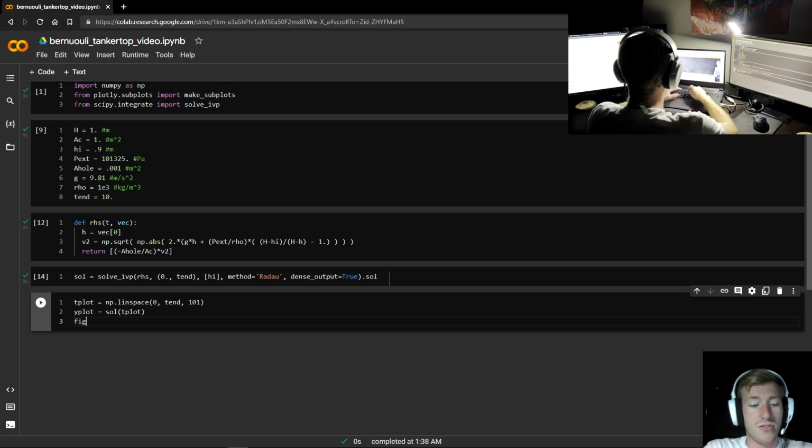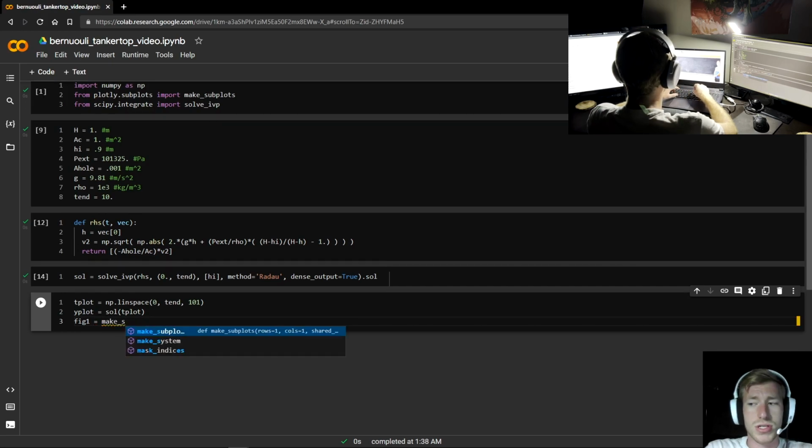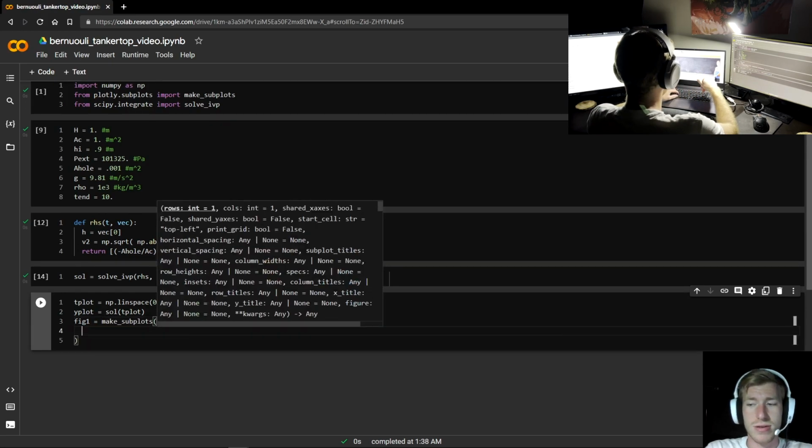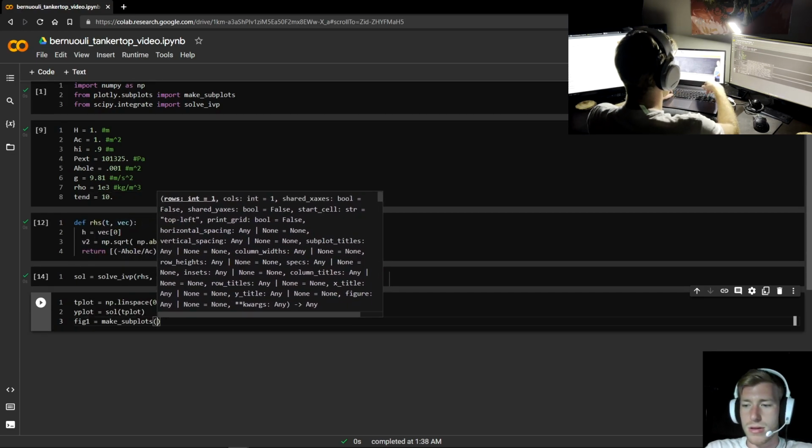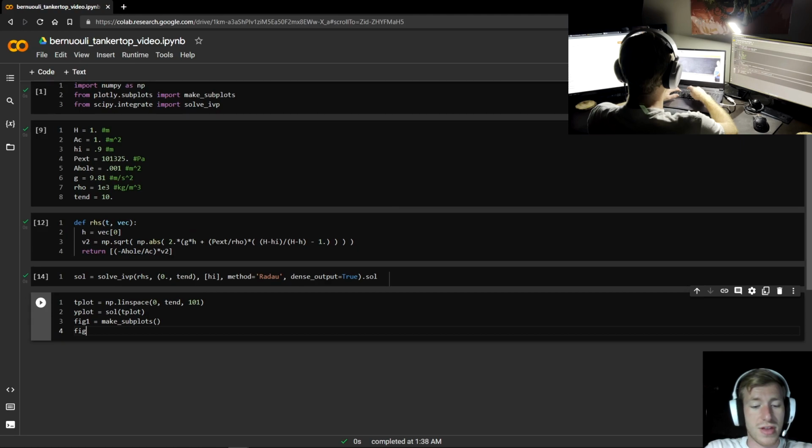So we're going to call fig1 is equal to make underscore subplots as a function. Nope, not like that. There we go. And then we're going to do fig1.add_scatter with x equal to tplot, y equal to yplot, and then mode is equal to lines.